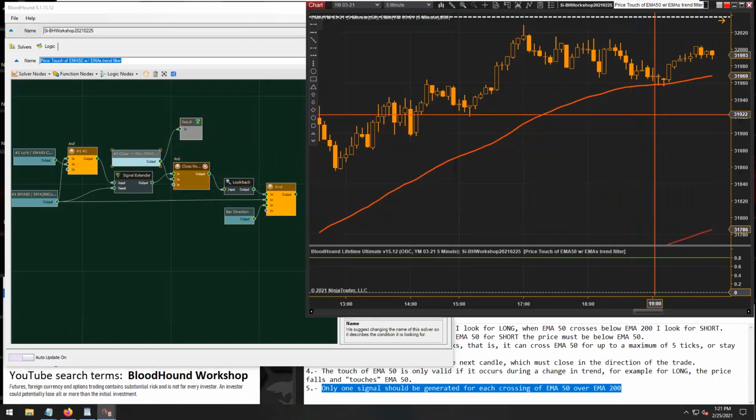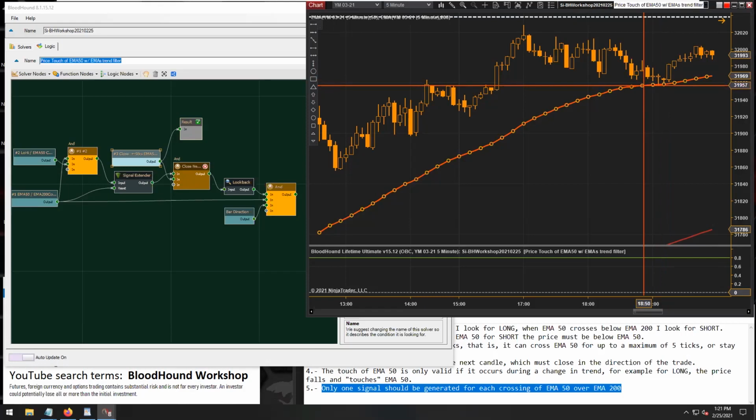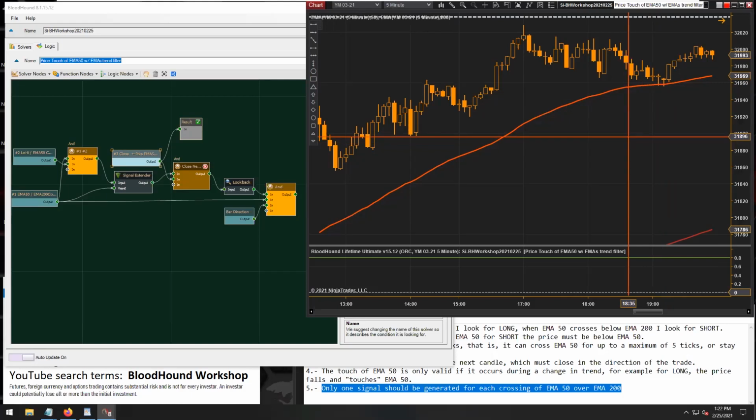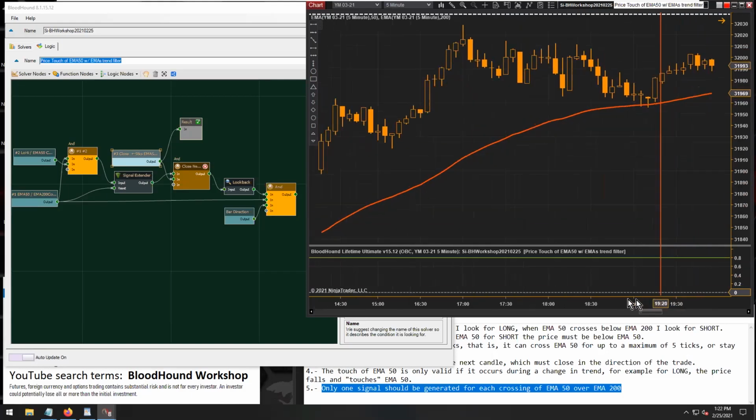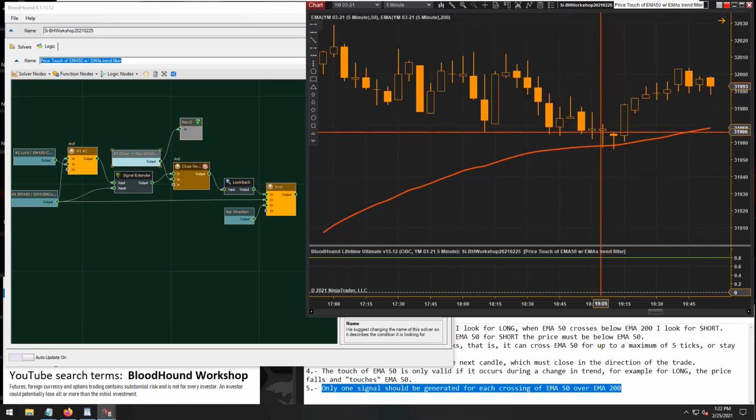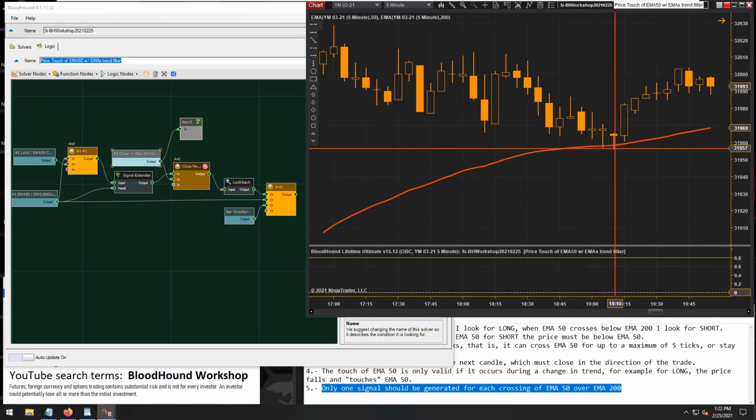Basically the close of the bar never got within range of that EMA50 here. So maybe some people may want to include the low of the bar.